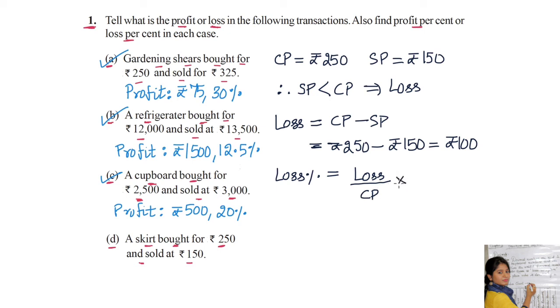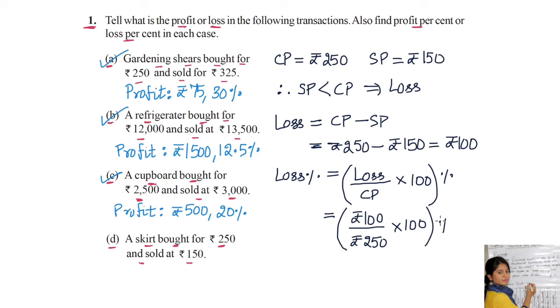So we will directly put in the values: loss upon CP into 100 whole percent. Whatever value we get, that will be our loss percent. So loss is given as rupees 100, so we'll write it as such upon cost price, rupees 250, into 100 and whole percent.